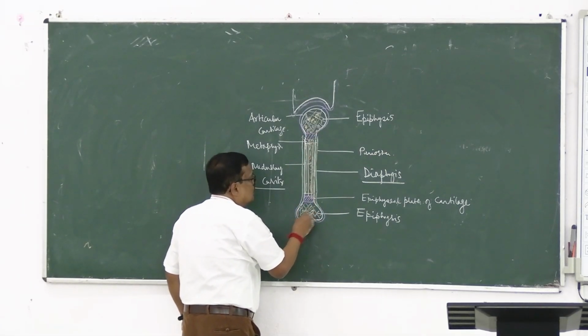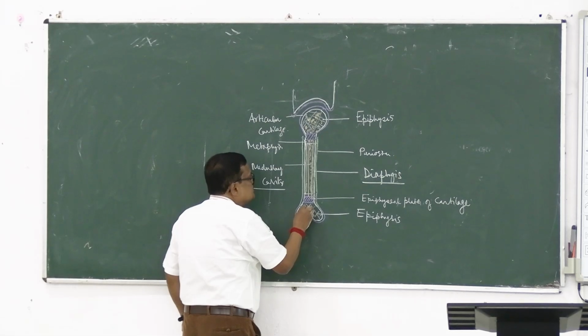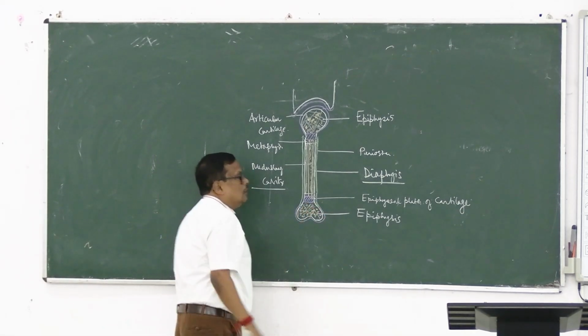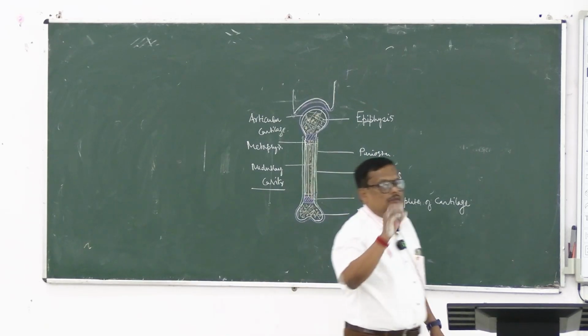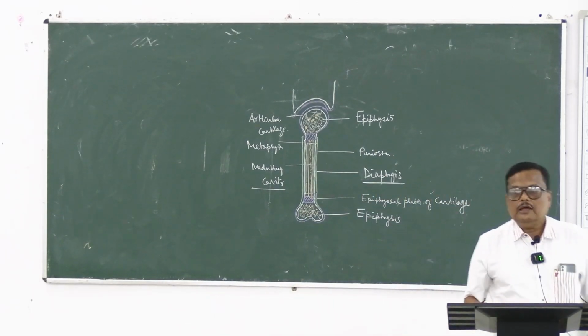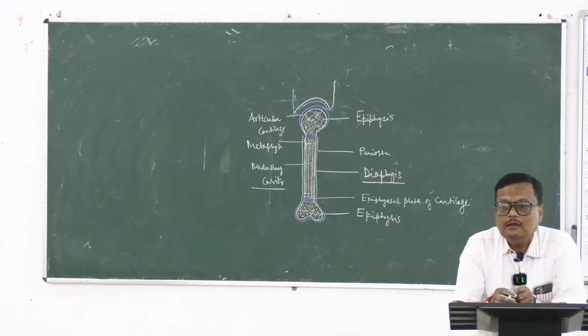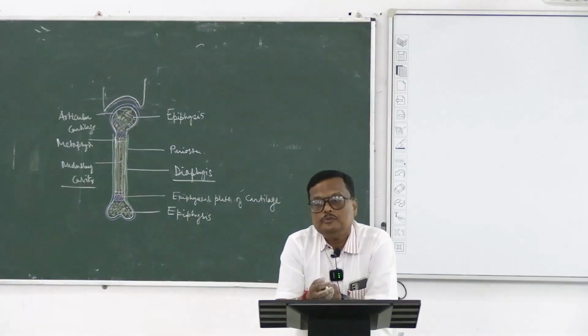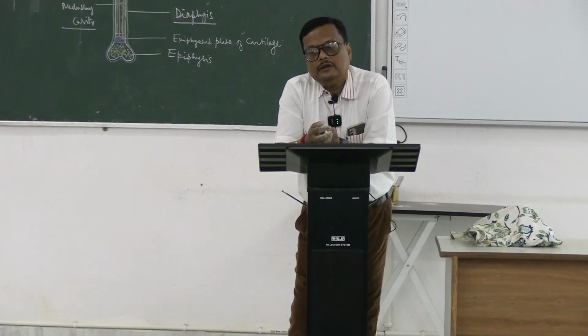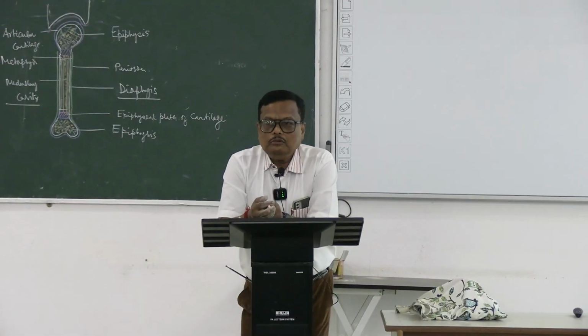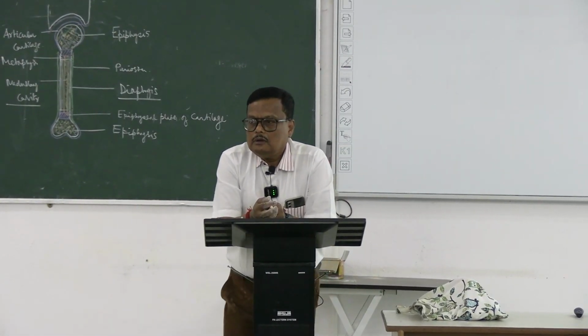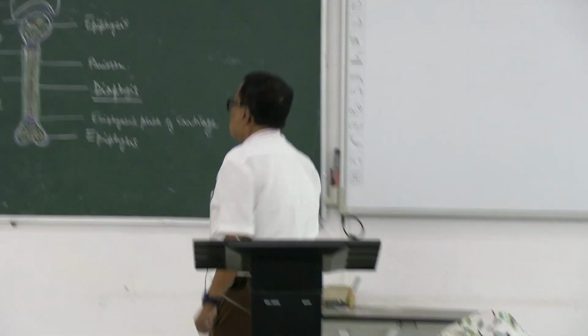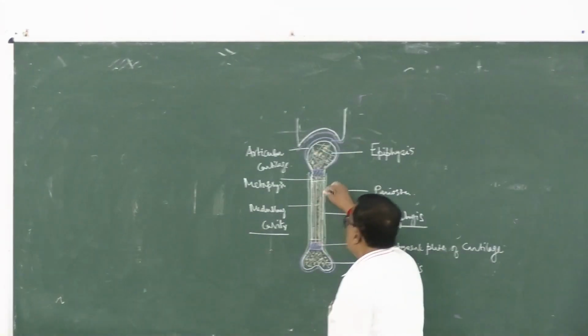What is marrow? Marrow is a special type of connective tissue, and most important, within this marrow there are blood forming cells. They produce red blood cells, WBC, platelets, etc. When the baby is born or in fetal life, all the marrow looks red.